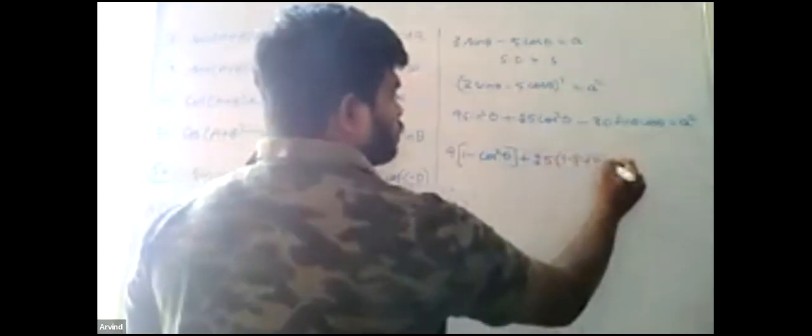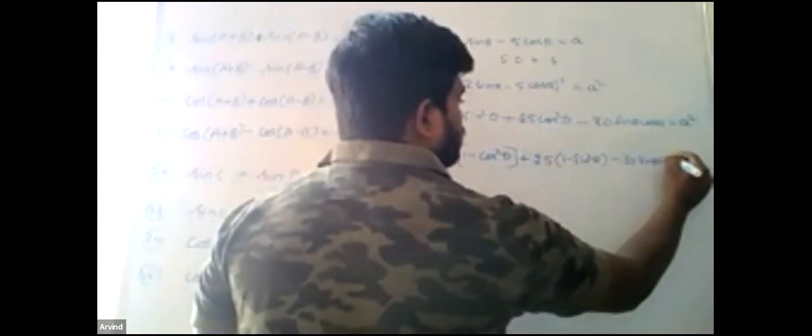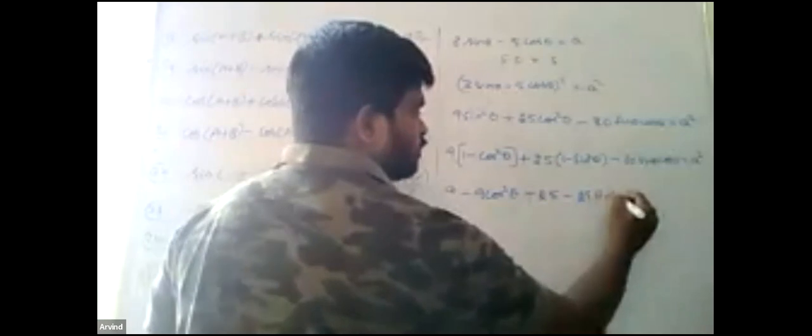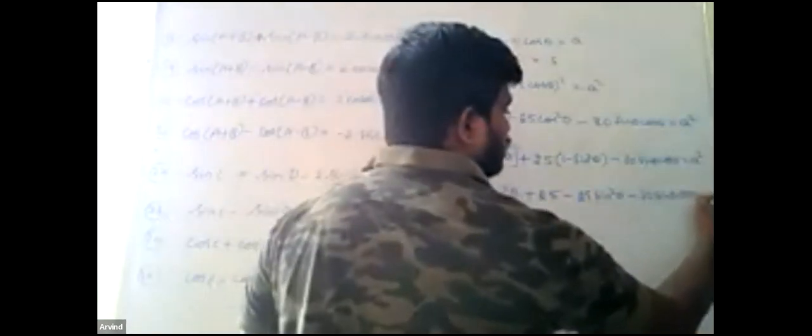So sin square theta I have written as 1 minus cos square theta, and cos square theta as 1 minus sin square theta. 9 into 1 is 9, minus 9 cos square theta, plus 25 into 1 is 25, minus 25 sin square theta, minus 30 sin theta cos theta equal to a square.